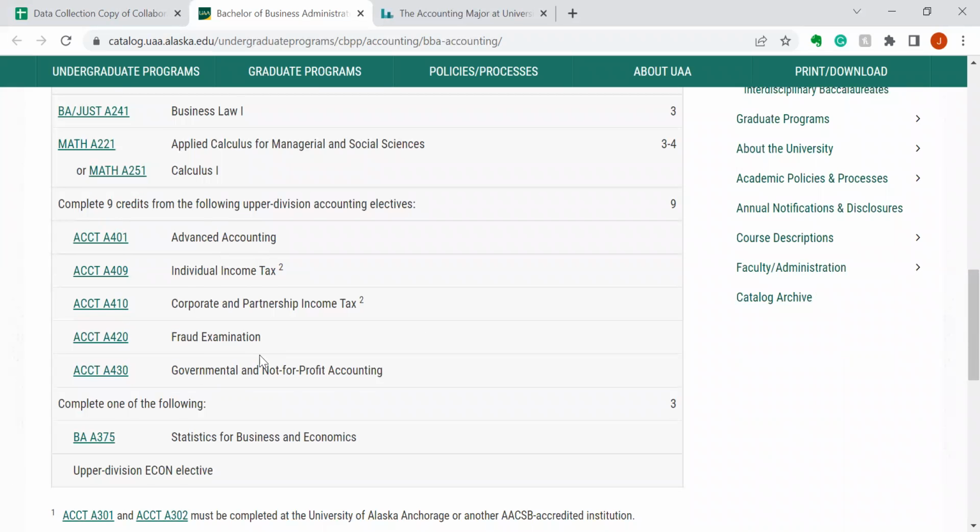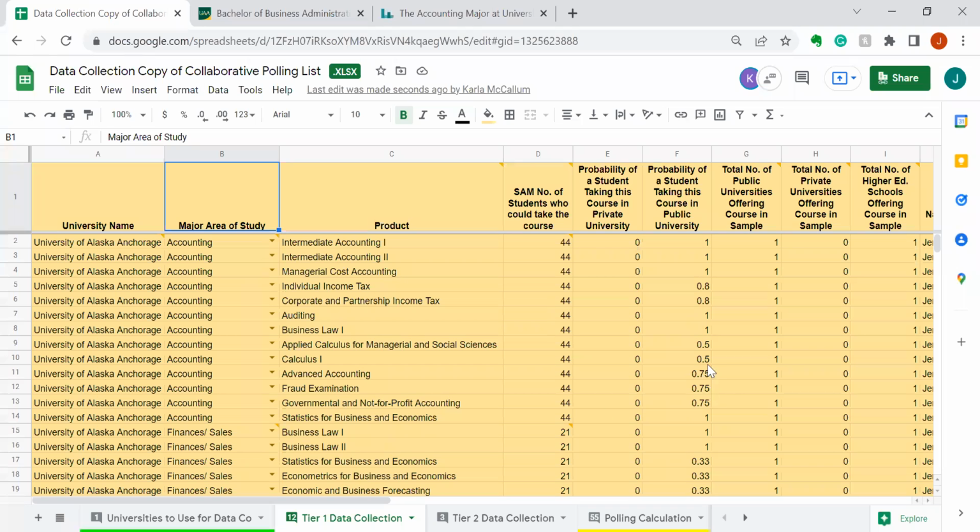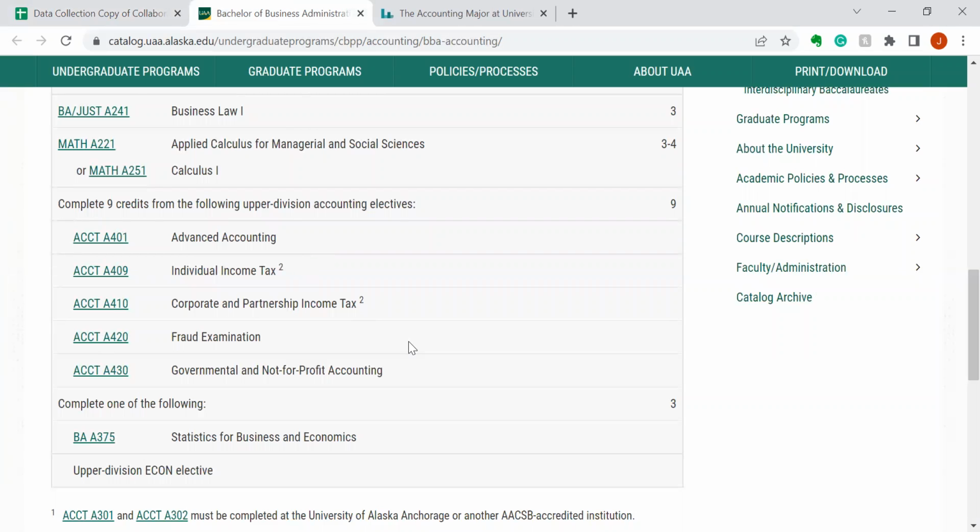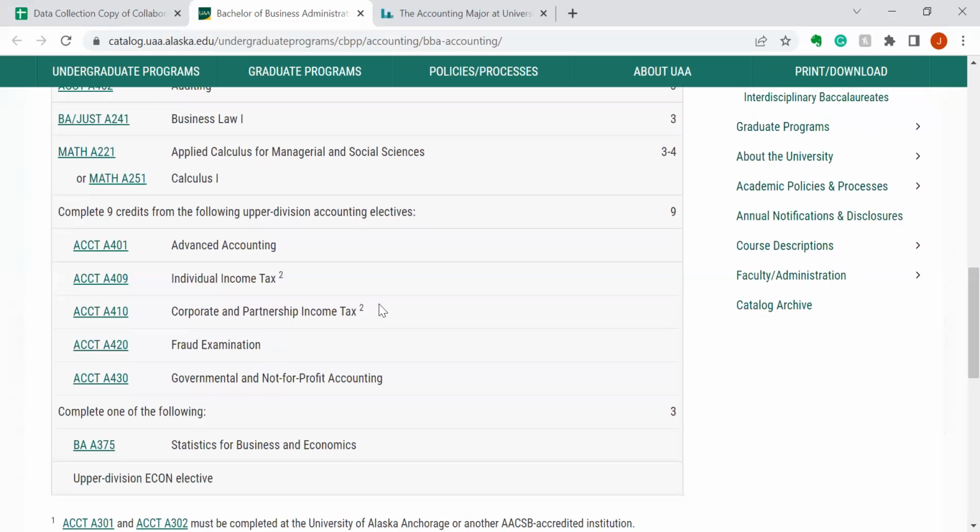So we know that instead of 3 out of 5 options, it's now just 3 out of 4. So let's use, for example, they took individual income tax. Now they have the option of taking advanced, corporate, fraud, and governmental, all that stuff, right? But they only have to take 3 of those 4. So that's the reason why this was changed to 0.75 right here.